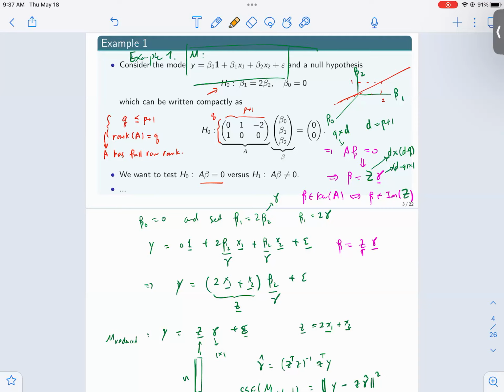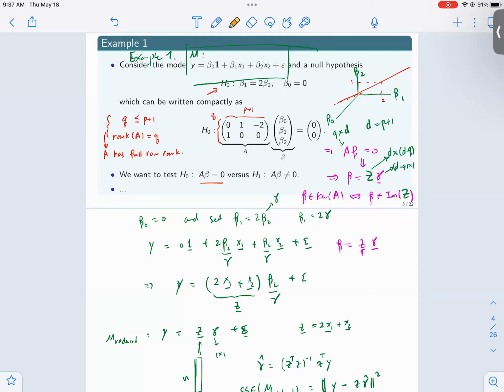Okay, so this Z is bad notation. There is something wrong in this slide. So anyone?